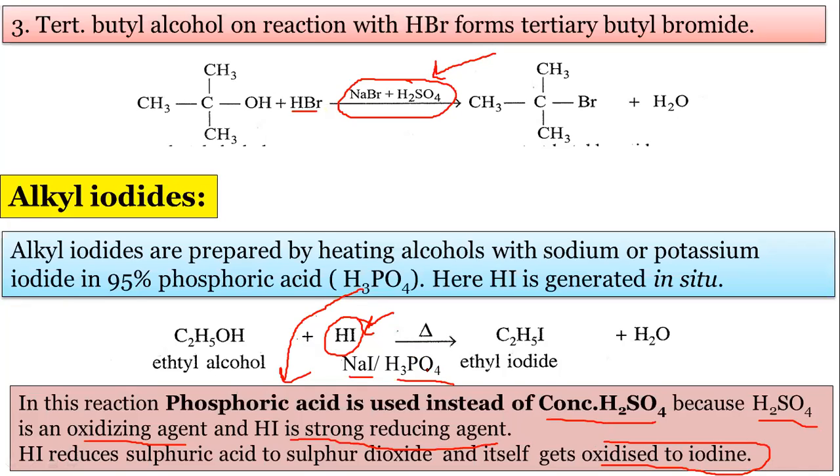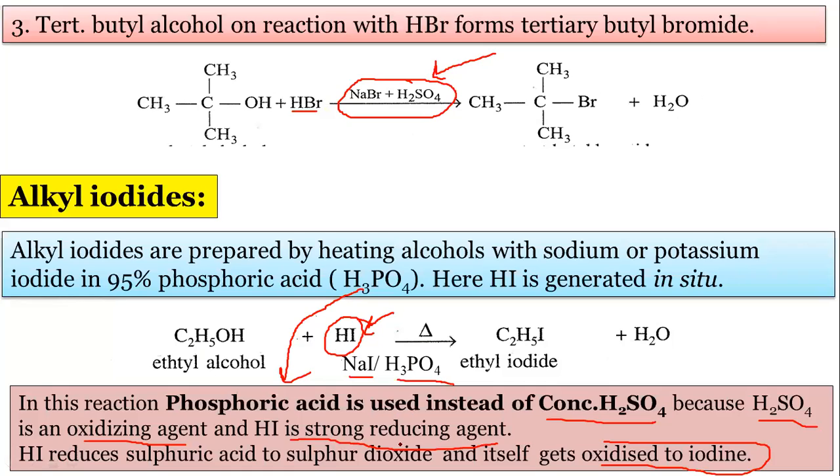Because HI is a reducing agent, H2SO4 is an oxidizing agent. So HI will react with the sulfuric acid to give sulfur dioxide and itself get oxidized to iodine. To avoid this reaction, we are using phosphoric acid here.